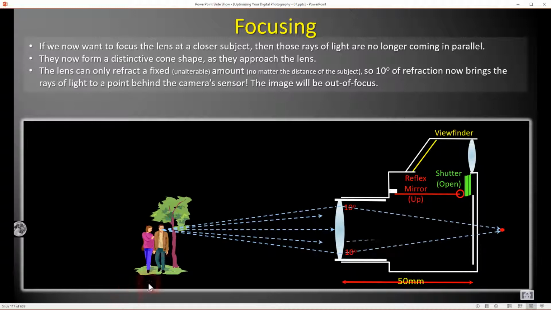So in this instance, because the rays of light are coming in at an angle like this, they only get refracted by 10 degrees, the maximum here, and they all come together into a point behind the sensor. So those rays of light are actually being spread out over an area on the sensor like that. That is why it becomes a blurred image.